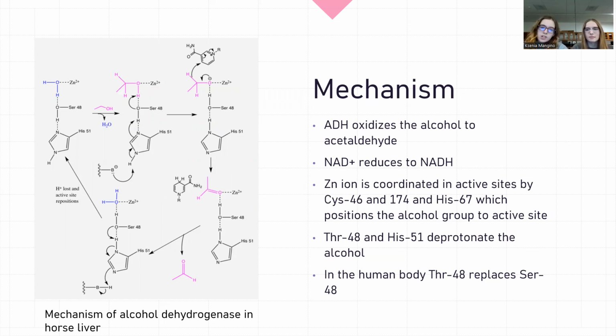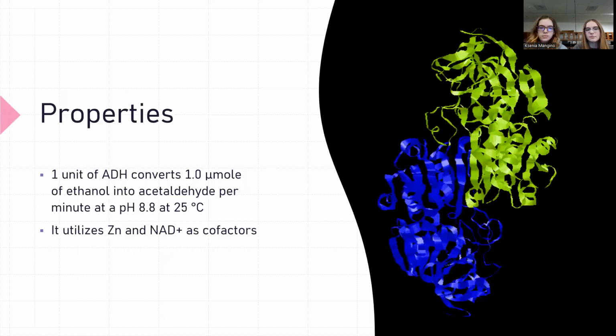So alcohol dehydrogenase oxidizes the alcohol to acetaldehyde. NAD plus reduces to NADH, and the zinc ion is coordinated in the active site by cysteine 46 and 174, as well as histidine 67, which positions the alcohol group in the active site. Threonine 48 and histidine 51 deprotonate the alcohol.